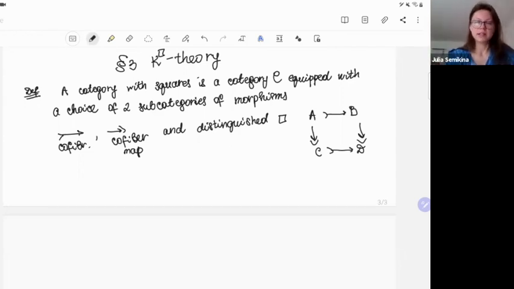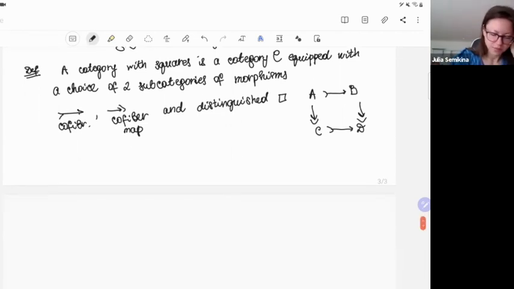And we don't say that any diagram like this can be called a square. So in normal language, of course, it is a square, but we call them distinguished only if they live in this chosen family. And the family is the one that we choose, and it has to satisfy certain properties. And properties are as follows.